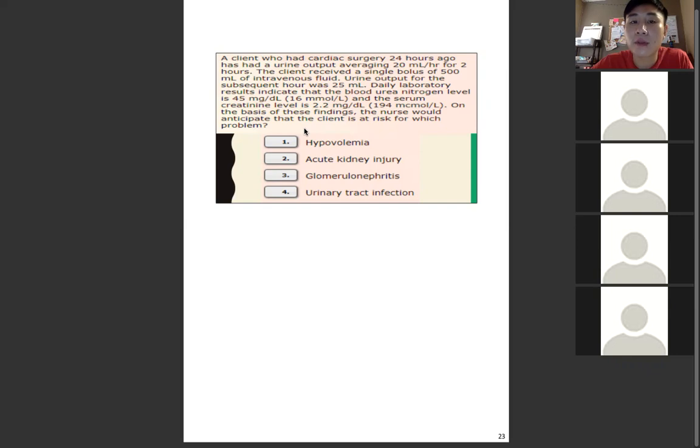Urine output for the subsequent hour was 25 milliliters. Daily laboratory results indicate that the blood urea nitrogen level is 45 and the serum creatinine level is 2.2. On the basis of this finding, the nurse would anticipate that the client is at risk for which problem?